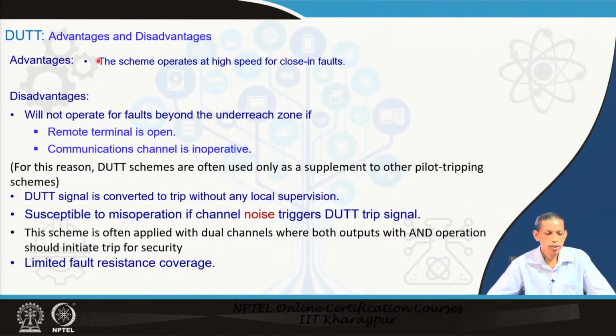The advantage of this direct underreach transfer trip scheme is that the scheme operates very fast for the closing faults, and it also clears from the other end also, but it has associated disadvantages. It will not operate for faults beyond the underreach zone.